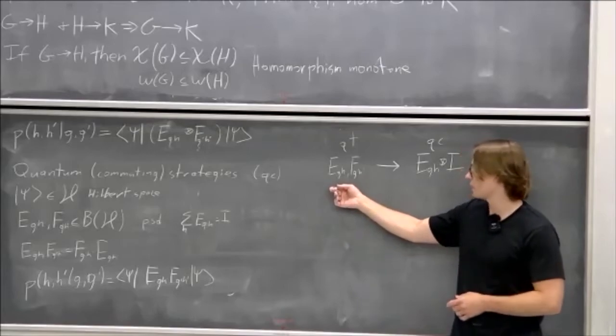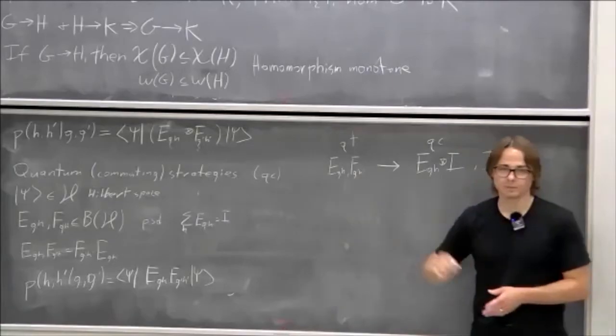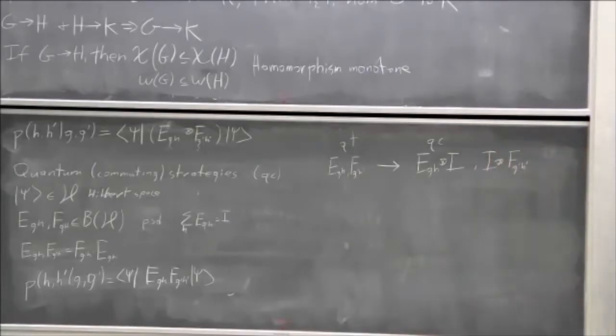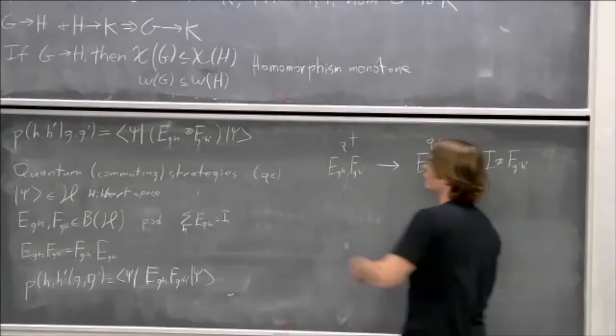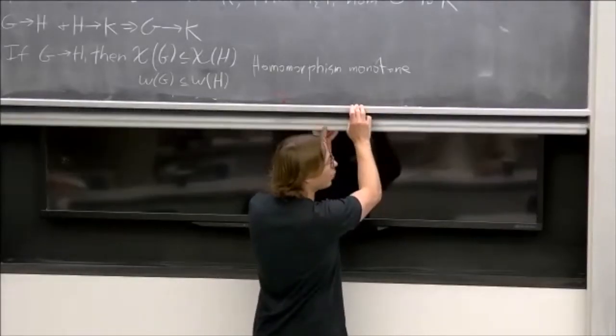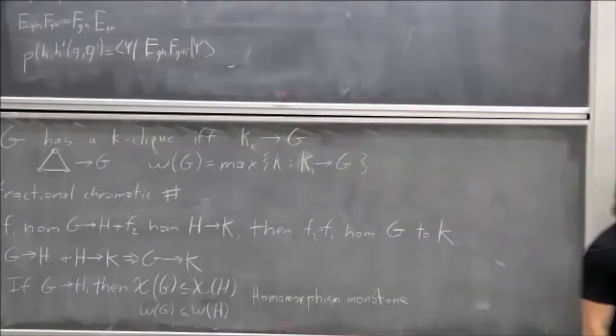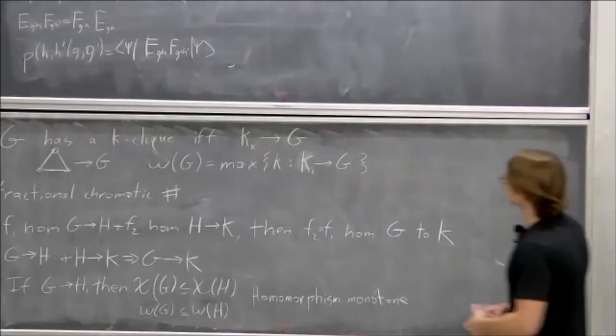For the homomorphism game, at least, it doesn't matter if you use infinite dimensions. So we might as well stick with finite dimensional things. I guess you want some E's and F's to be orthogonal when some edges exist or something. Yeah, that's what we're getting to. So I said we want to win with probability 1. Well, what does that mean? It just means we want to lose with probability 0.